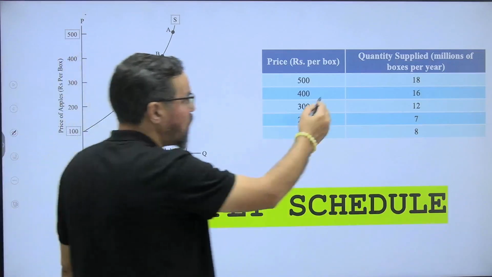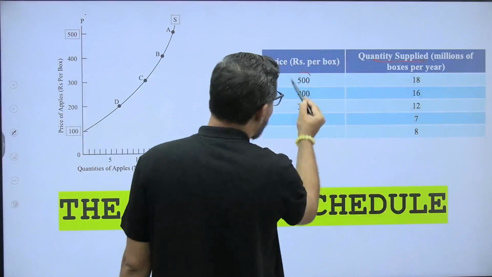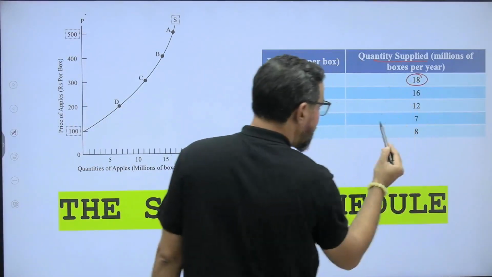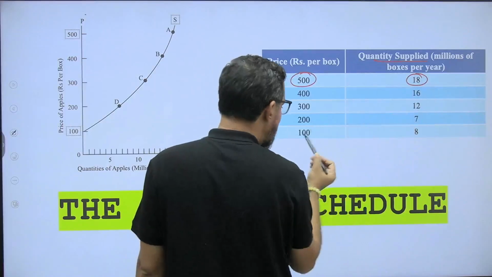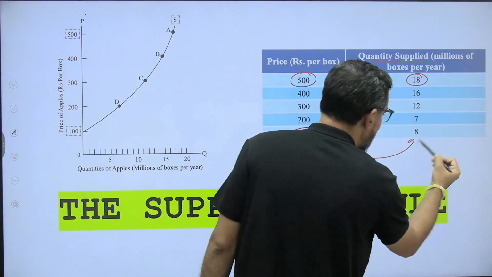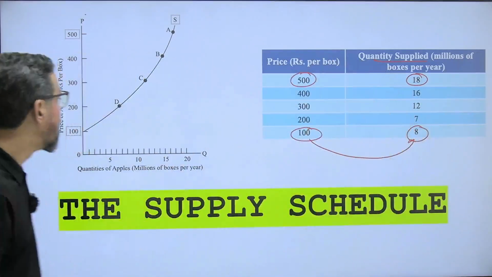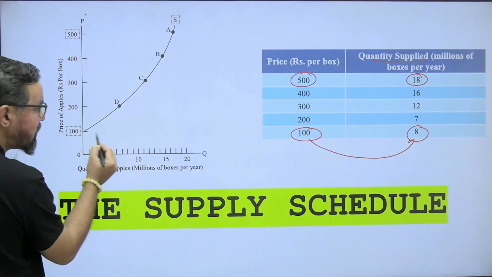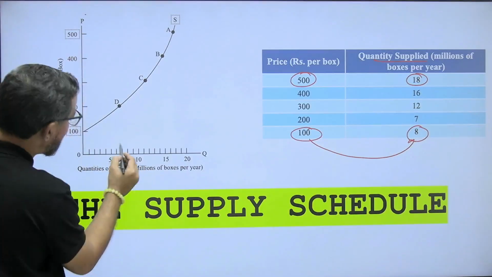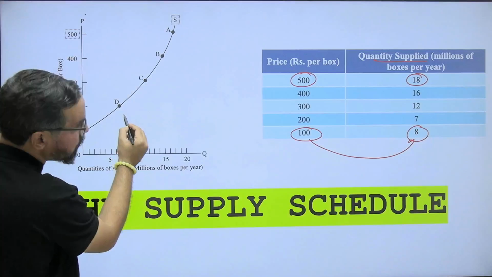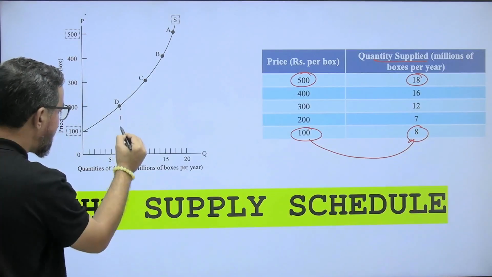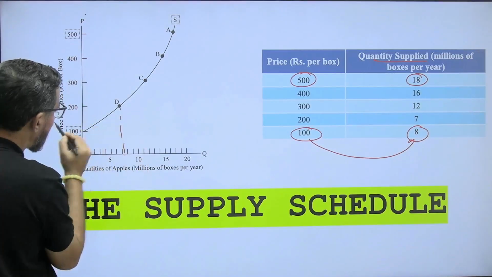Let's say for quantity supplied, at 500 we want to sell a maximum of 18 units. At 100 we want to sell the minimum, that is 8, as a supplier. This is the D point here.